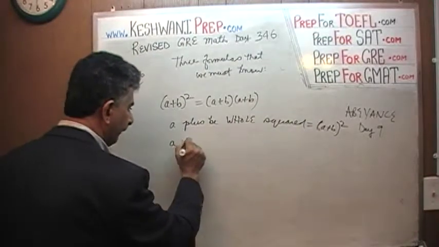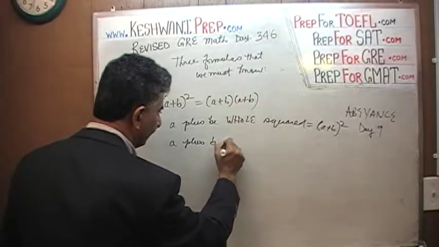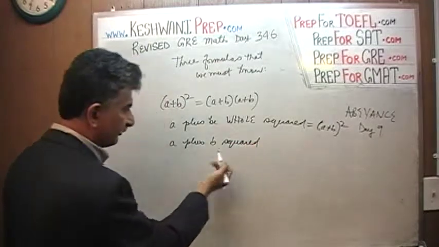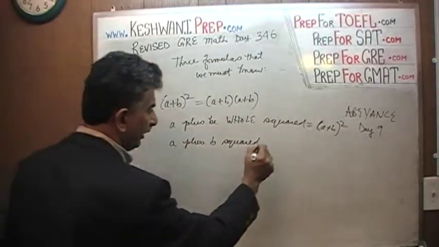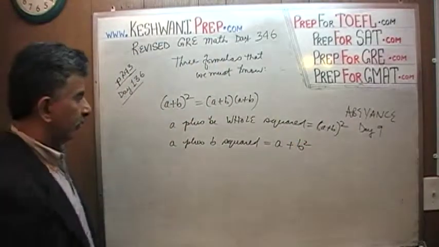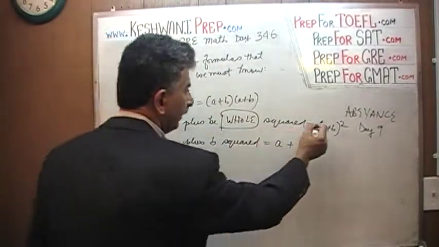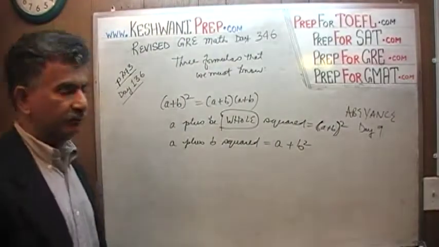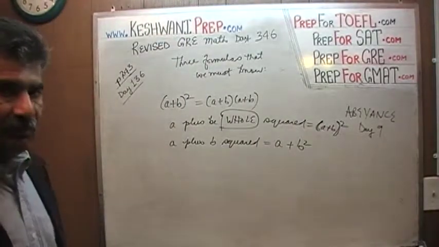This is different from a plus b squared, which means exactly what it says, a plus b squared. You have to say a plus b whole squared so that we can put the whole quantity in the square.